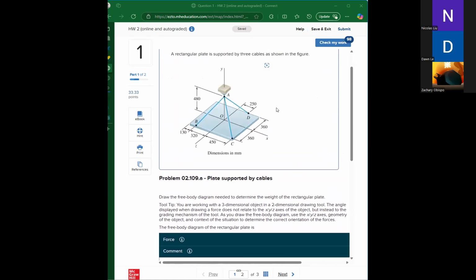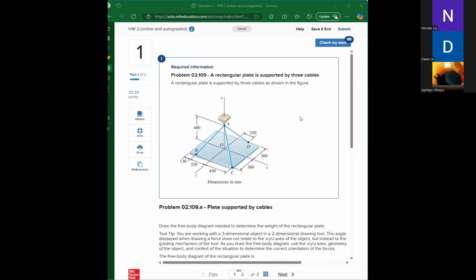Any questions? You said something about how you put the weight on point O. How does it work? So when you draw a free body diagram, because it's on the same axis, when you move it upward, it doesn't actually matter. Logically, it's just moving the weight itself upwards.